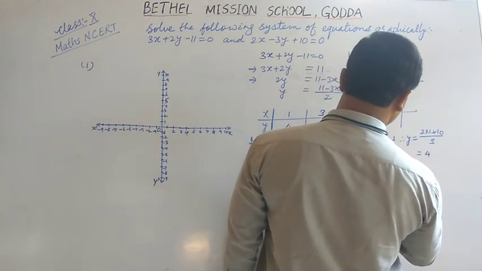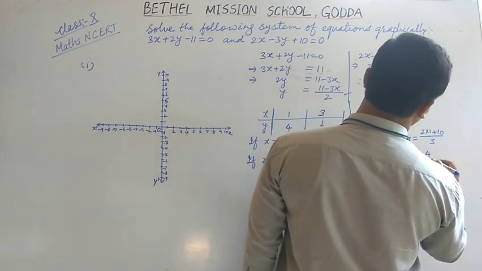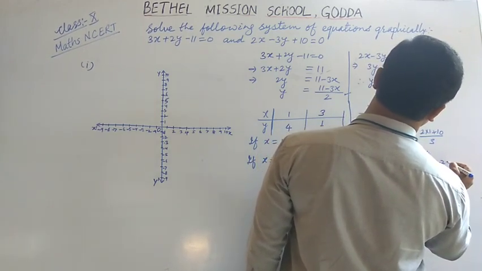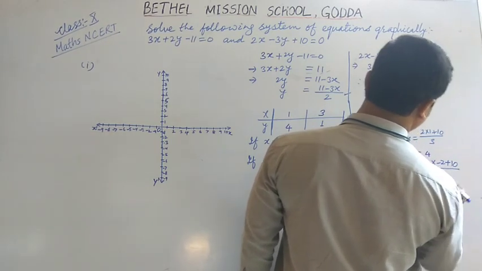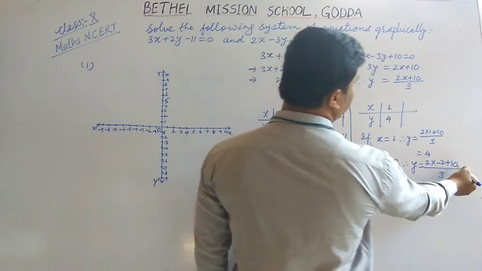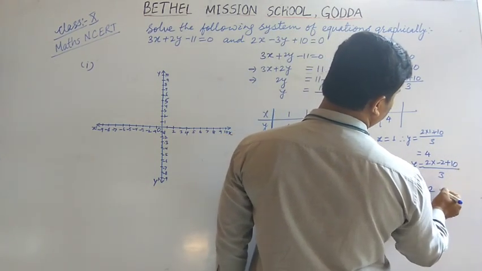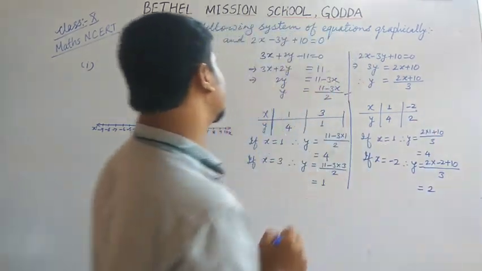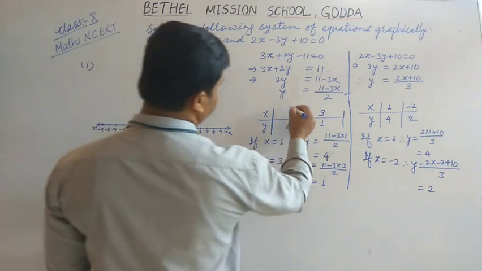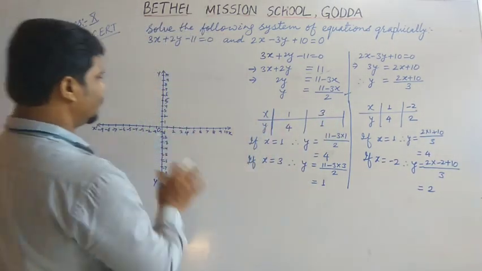If x equal to minus 2, therefore y equal to 2 into minus 2 plus 10 upon 3. Then minus 4 and 10 minus 4, 6 upon 3, 2. So here we got these values, and we will plot these values of x and y on the graph.